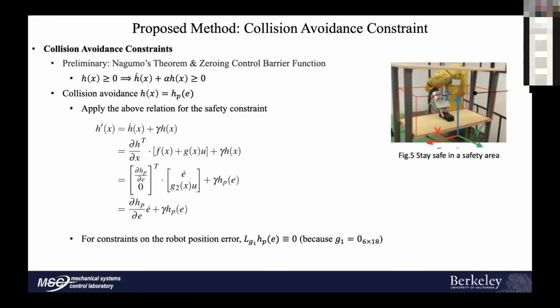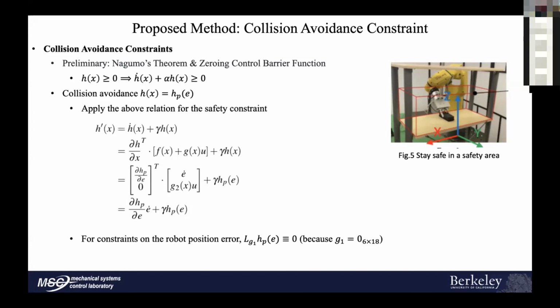For the preliminary, the first equation shows a sufficient condition. For example, if we have a constraint h(x) greater than 0, a sufficient condition is obtained by taking the derivative, where alpha can be selected as a positive value.